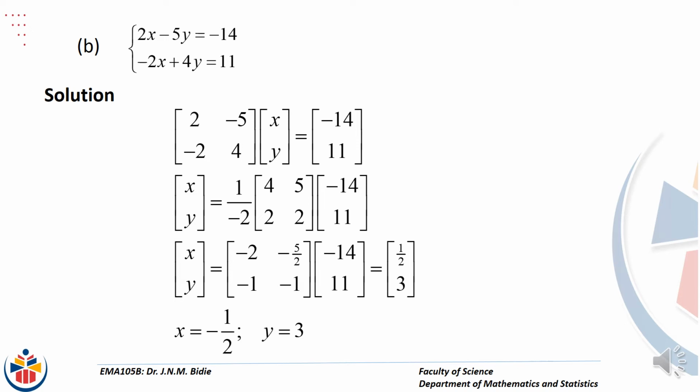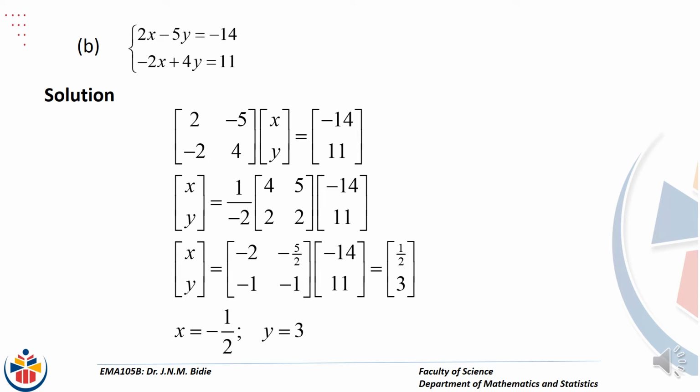It's 2 times 4, that's 8, minus 10, that gives us 1 over negative 2 as the determinant. And then you interchange 2 and 4 and then change the signs of negative 5 and negative 2. So this is what I got as the inverse of the coefficient matrix.